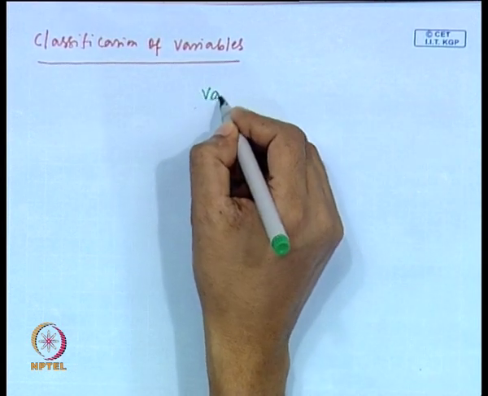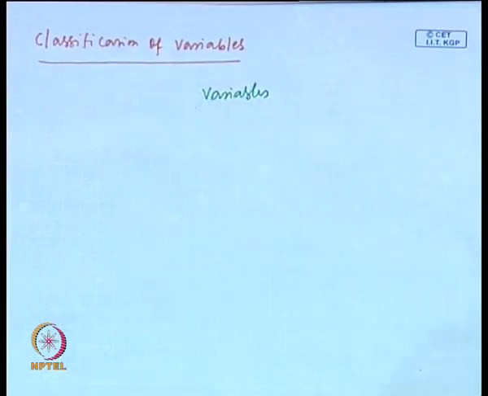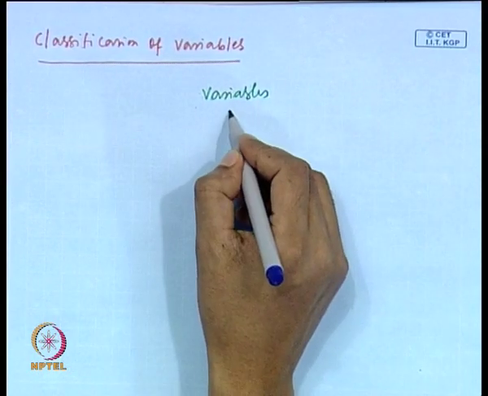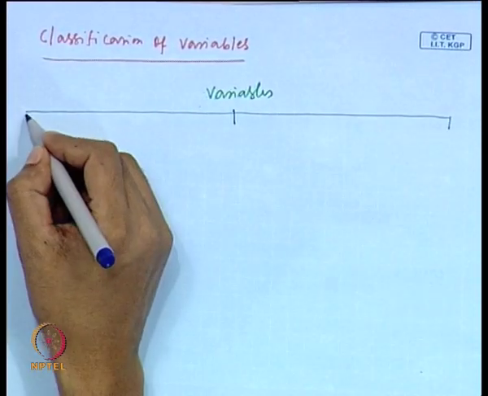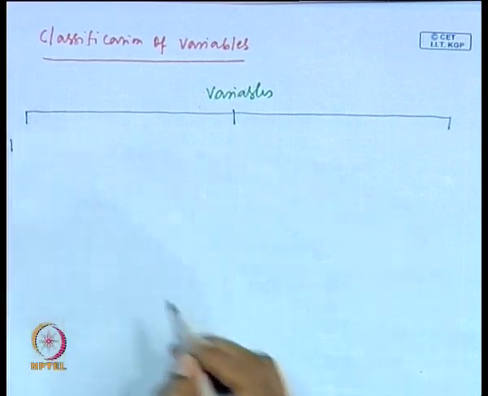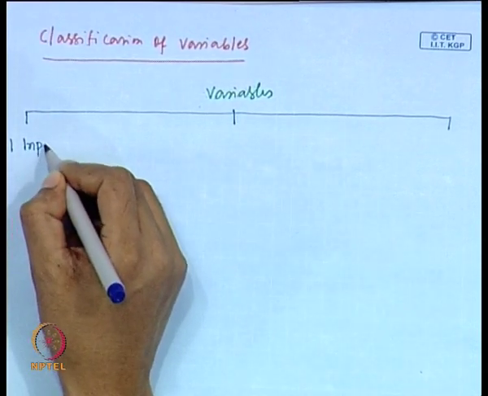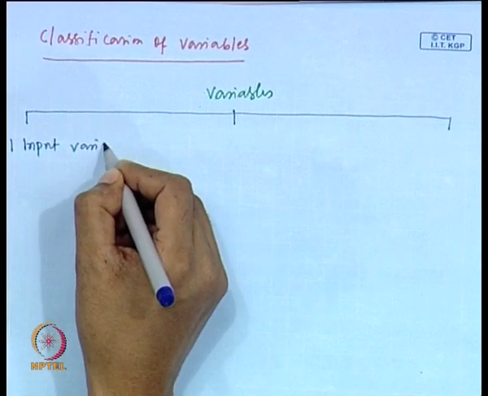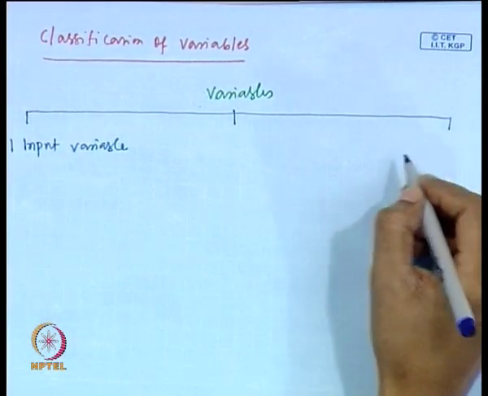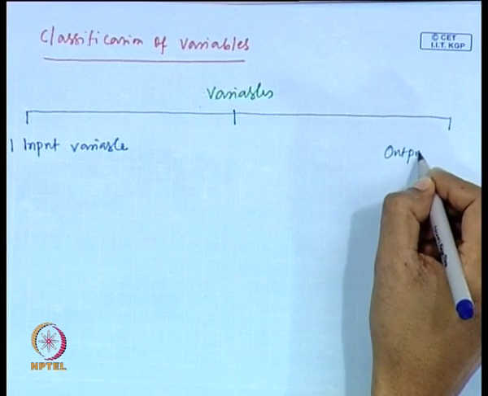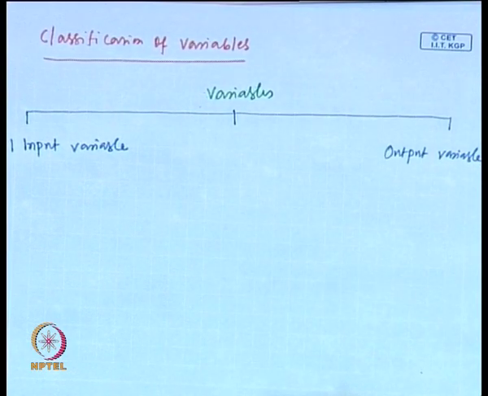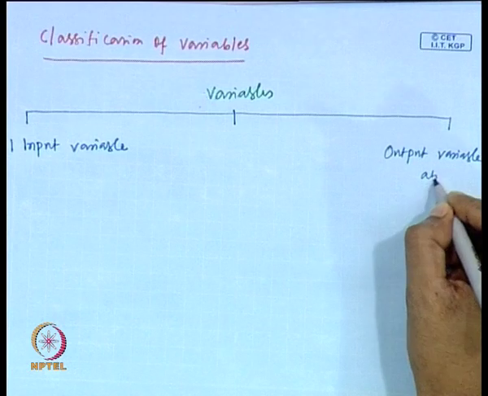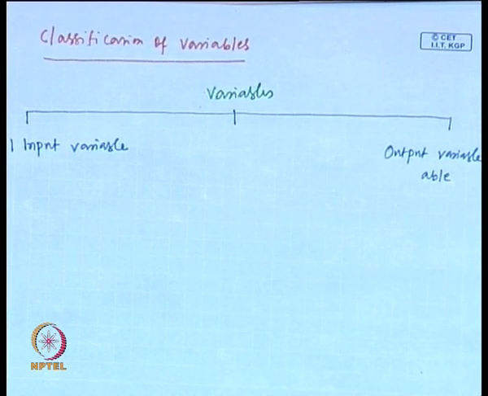The variables are usually of two types. One is input variable and the second one is output variable.